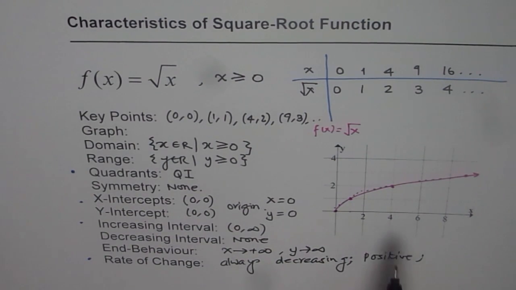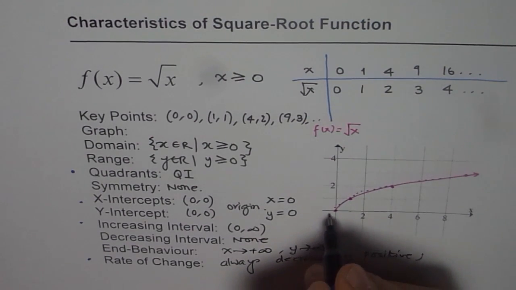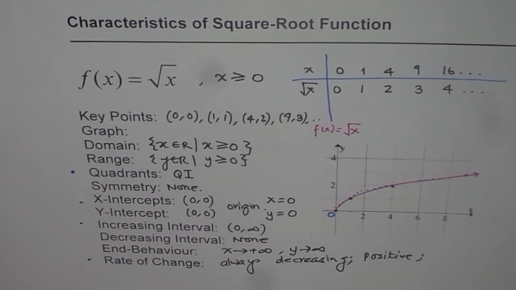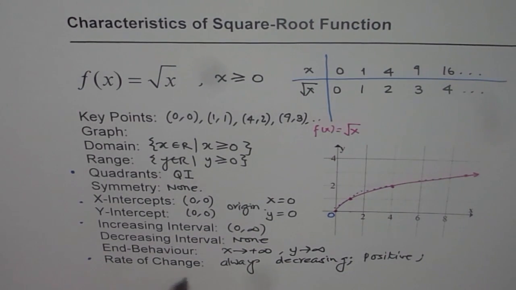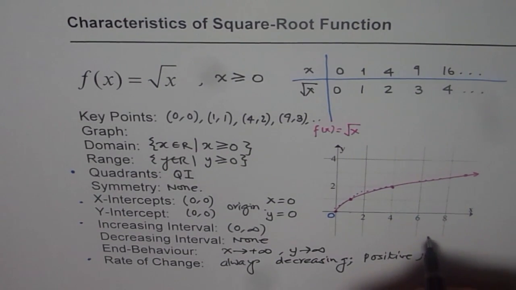Now you'll also learn that at origin, which is this point O, the slope is undefined. Okay, so those are critical things which are important to understand for this function. We'll say rate of change is always decreasing, but let me add here, slope is undefined at origin, right?